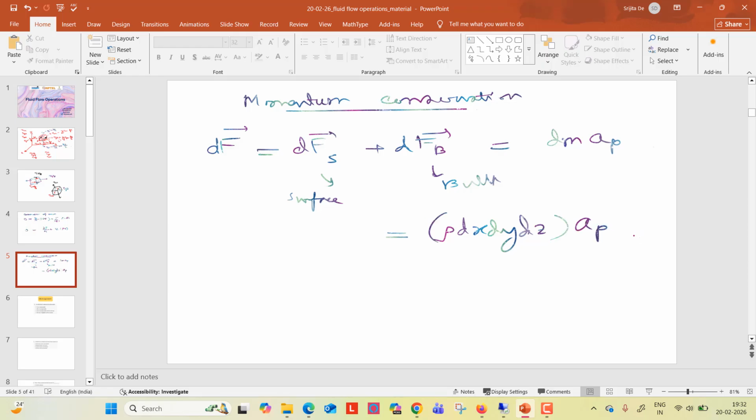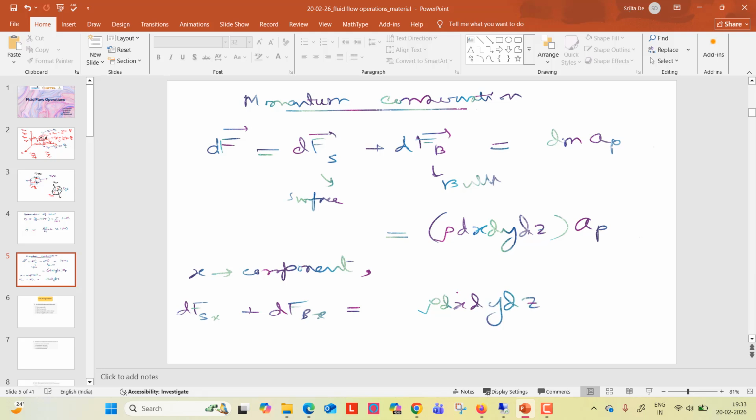Now if we come to the individual components, the x directional component will be dfsx plus dfbx equals rho dx dy dz into apx, because the mass is the same in every direction.